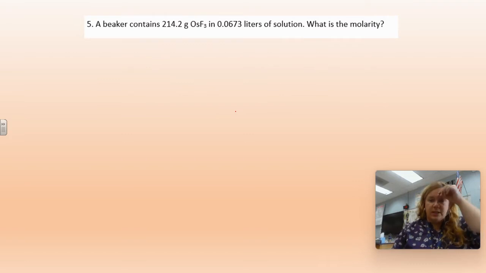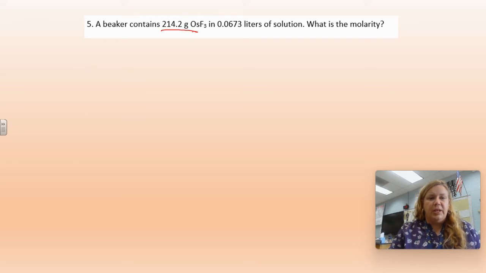Number 5, again, this comes from your assignment, or you can just go along with this problem. A beaker contains 214.2 grams of osmium fluoride and 0.0673 liters of solution. So we have to do a little math prior to our molarity equation because we are working in grams and not moles. So we need to convert to moles to start with because our molarity equation requires moles.